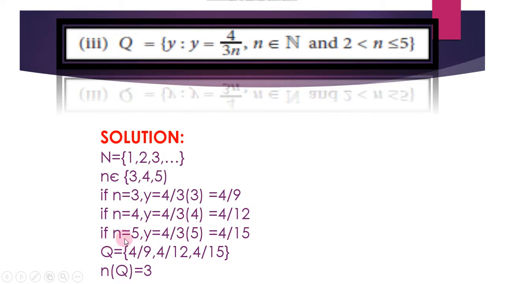If n equal to 5, y equal to 4 by 3 into 5, that is 4 by 15. So Q equal to 4 by 9, 4 by 12, 4 by 15. How many elements are there? 1, 2, 3. So n of Q equal to 3. Are you clear? Let us see next.